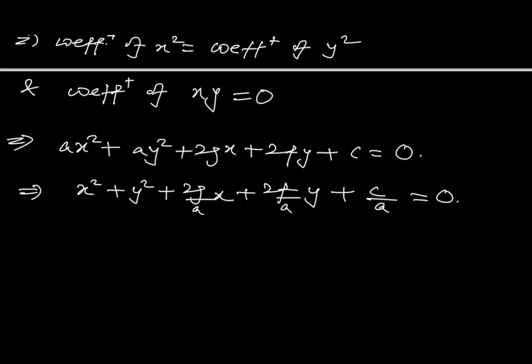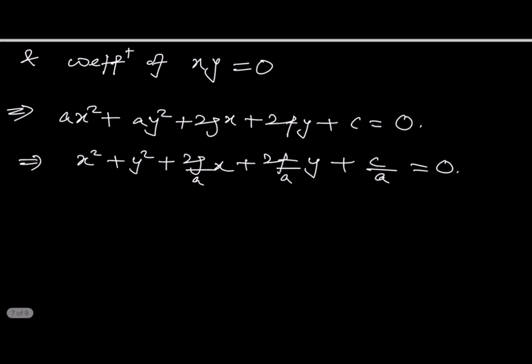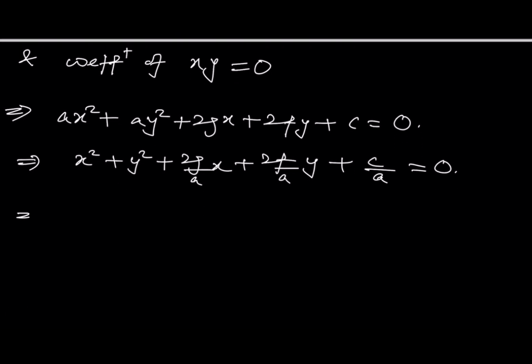As we can see, 2g by a, 2f by a, c by a are also constants. So for the sake of simple expression, I can write g, f and c in place of g by a, f by a and c by a.